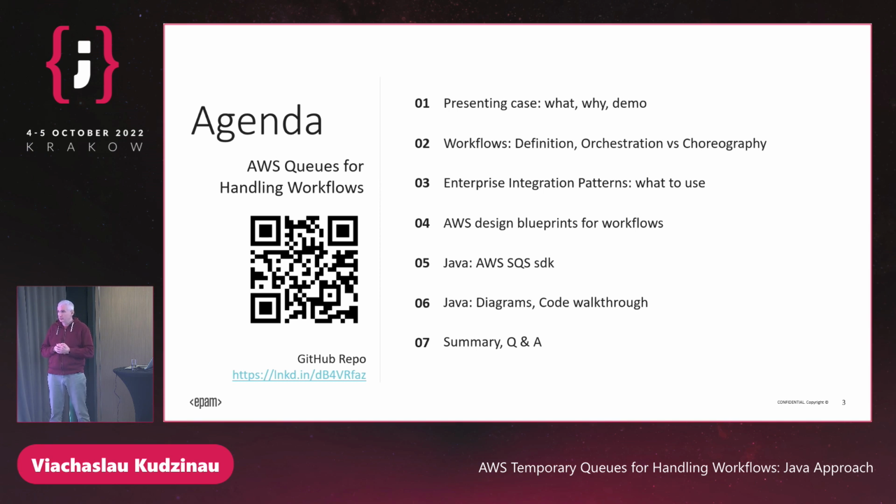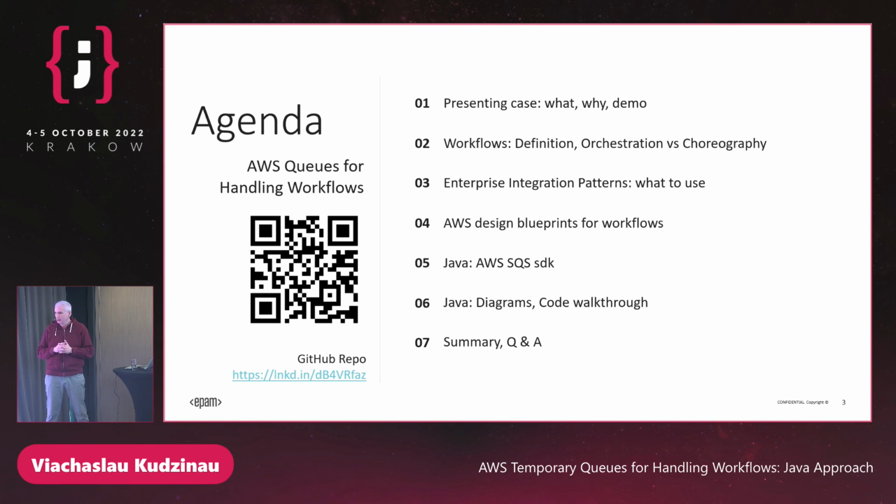And then I'll be talking about AWS design blueprints. If you need to build something quickly, what to use, what to start with, what AWS suggests. And then coding fun. We'll be talking about AWS low-level SDKs, the SDK for working with queues and temporary queues.